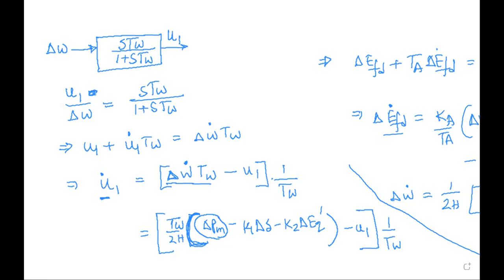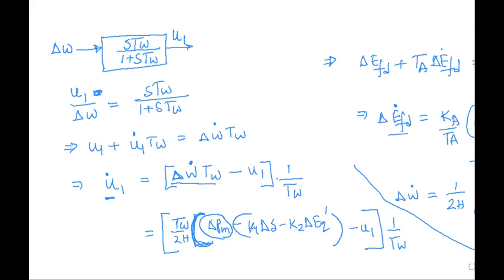So you see minus K1 by twice H. This is the first part, minus K1 by twice H here. Then minus K2 by twice H del EQ dash, and then minus U1 by TW. And of course, you have del PM by twice H in addition to all these three, so you can write plus del PM by twice H here.